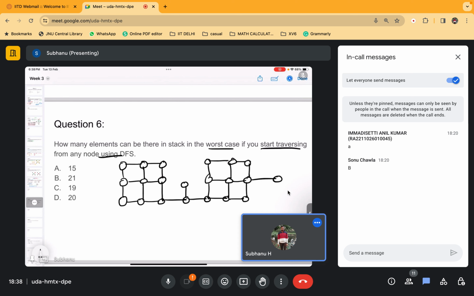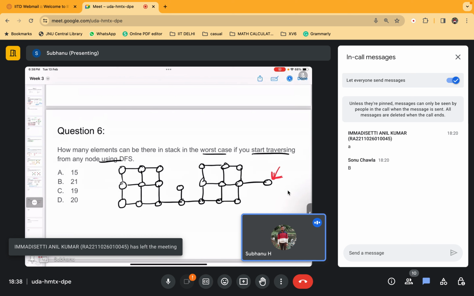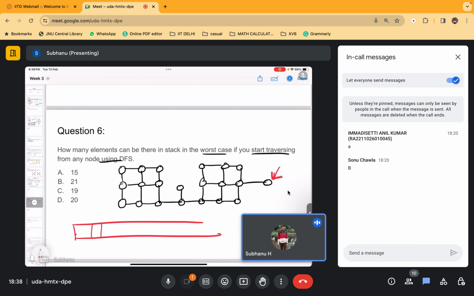If you have been given this graph structure, you will be starting from this node. Maybe you can start from any node, but I encourage you to start from this node, because in the solution I will show you what happens if you start from this node. Then you push them into your stack.